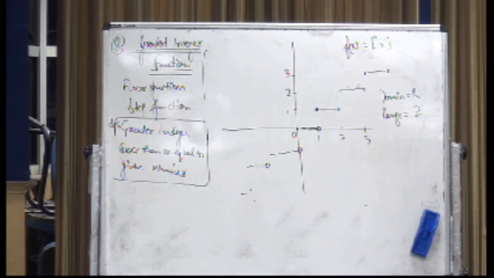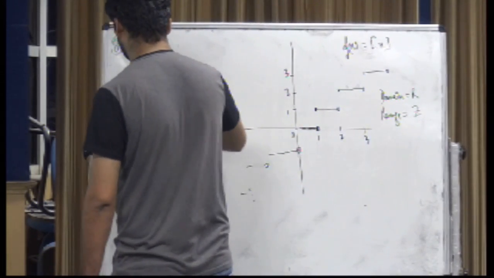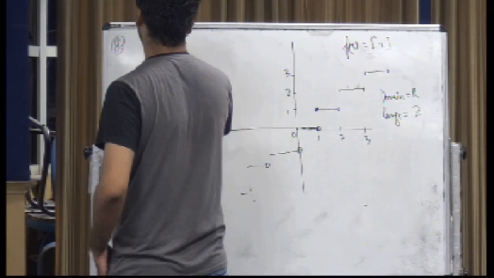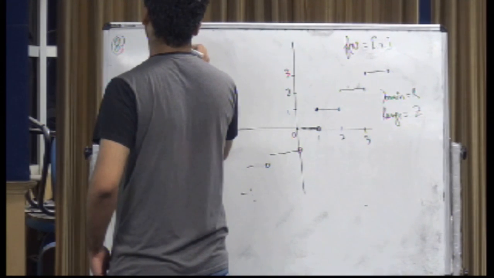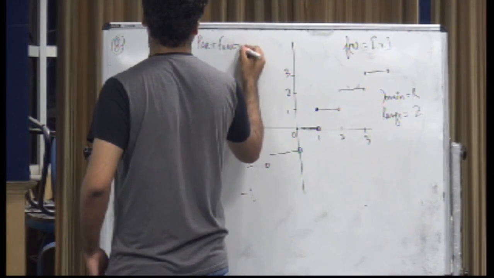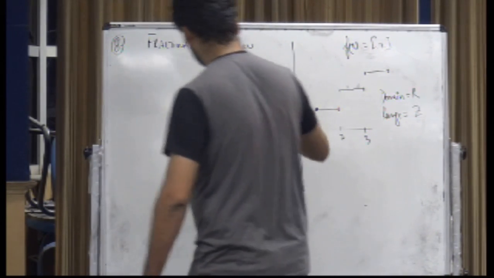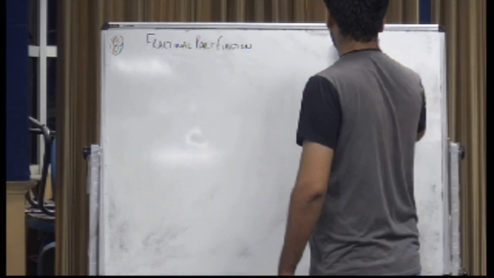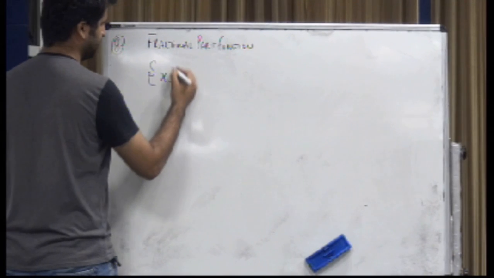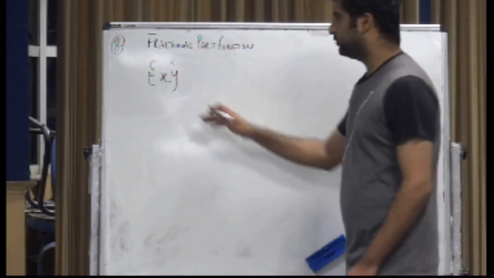Next is fractional part function. So fractional part function is this one, curly bracket x, and it means that you have to write the fraction.